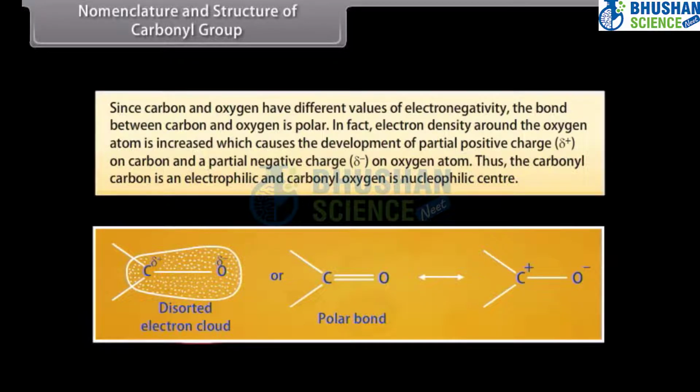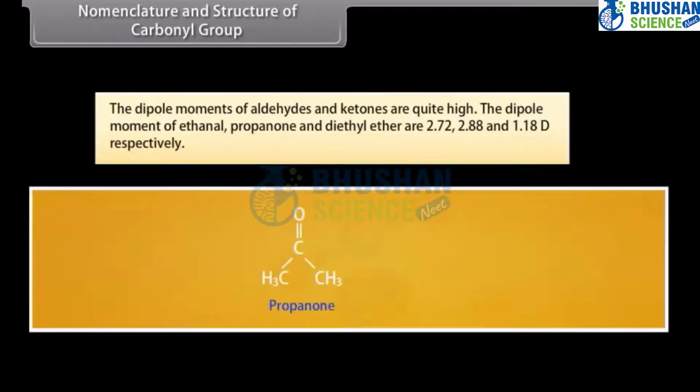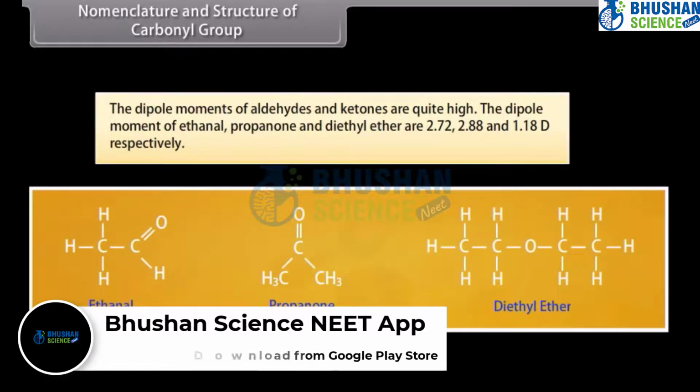Thus, the carbonyl carbon is an electrophilic and carbonyl oxygen is nucleophilic center. The dipole moments of aldehydes and ketones are quite high. The dipole moment of ethanal, propanal, and diethyl ether are 2.72, 2.88, and 1.18 debye respectively.